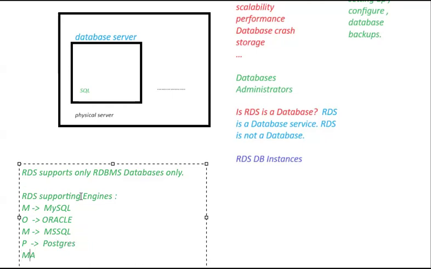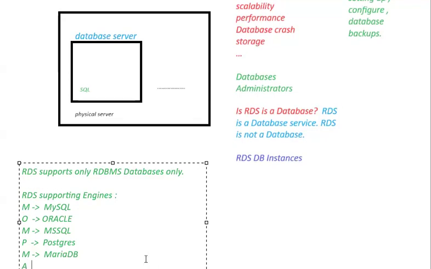What does this M represent? MariaDB. And what does the last A represent? Aurora.